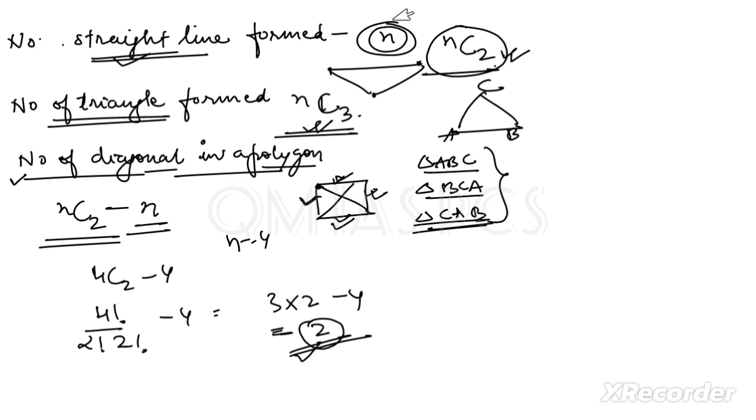If this is the condition of collinearity, then in that case we have to subtract those points, because if 3 points are in a single line, they will not form a triangle. Is it clear? So this type of consideration we have to think.